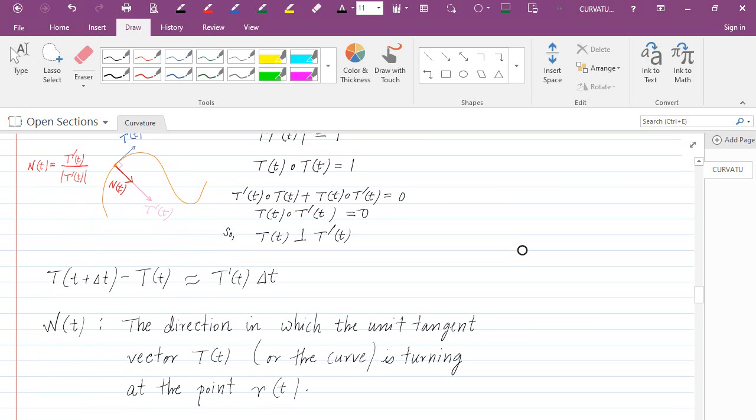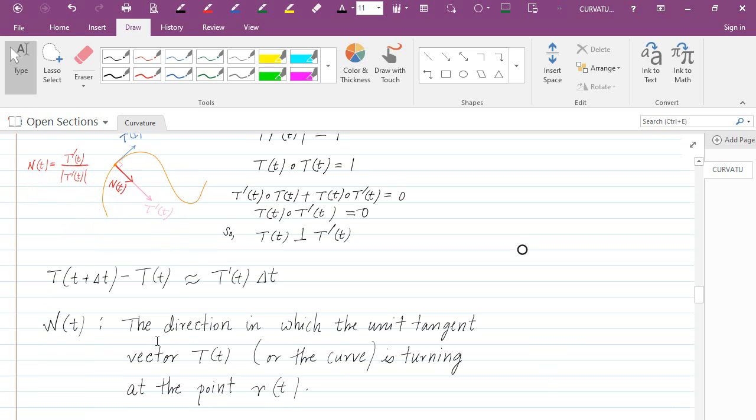So capital N of t is basically the direction in which the unit tangent vector T of t, or the curve, is turning at the point r of t. So once again, N of t is the direction in which the curve is turning at the point r of t, or you can say it is the direction in which the unit tangent vector is turning at the point r of t.